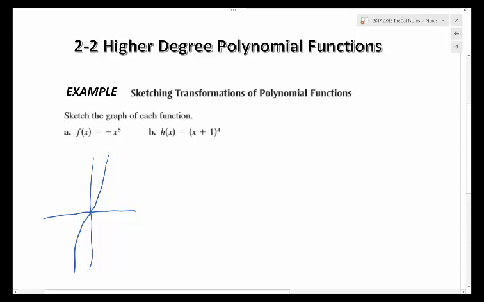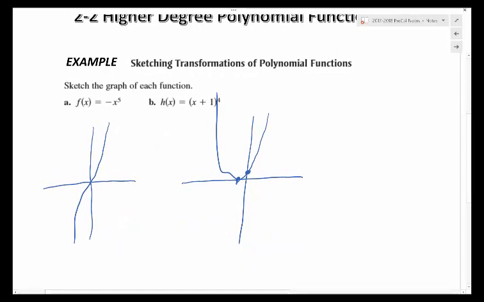And x plus 1 to the fourth is going to end up looking somewhat like that. This is just a general sketch.